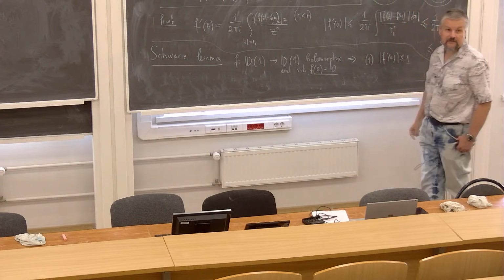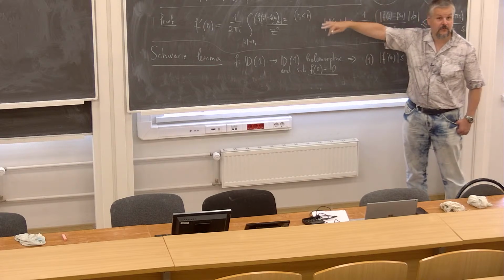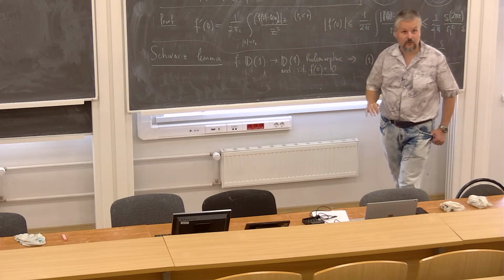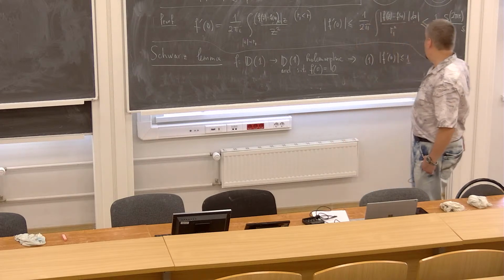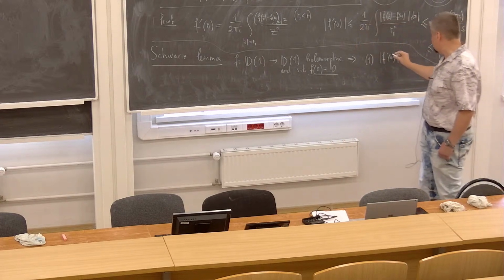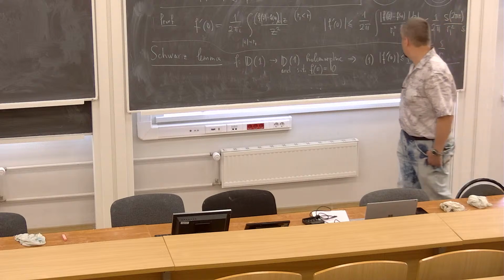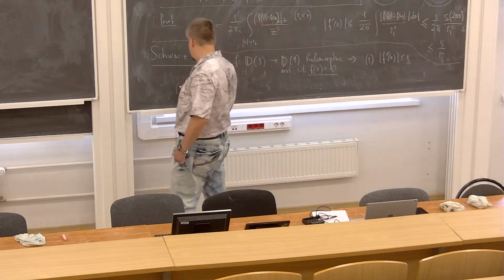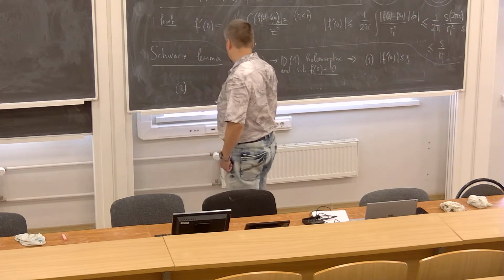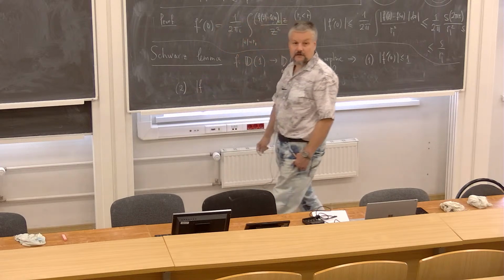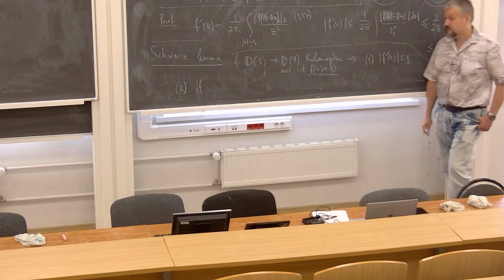And now the first part follows immediately from what we have just proved. But the second part is also very important. The second part says that if the equality is attained here, so you have an inequality.